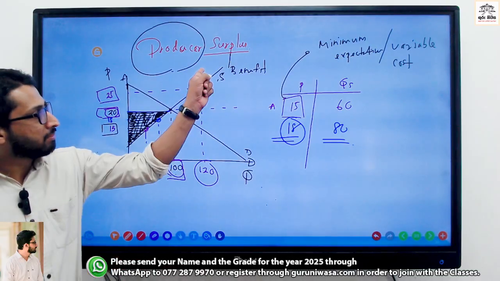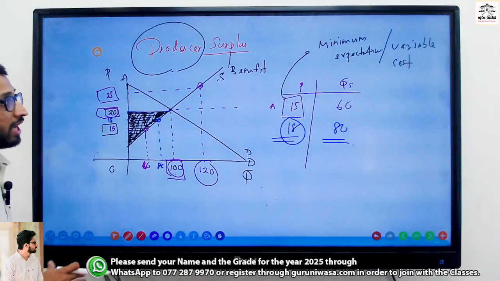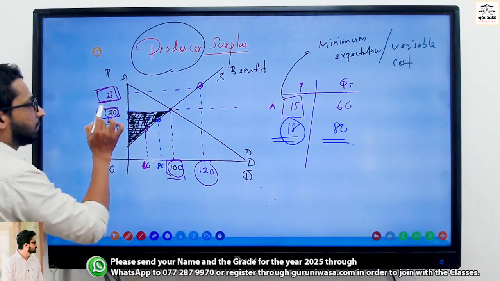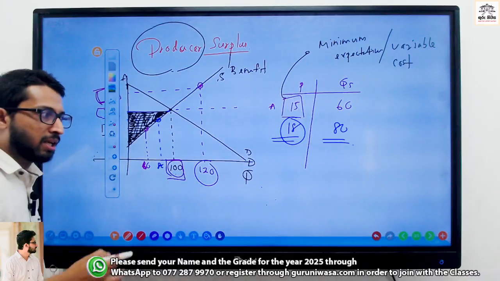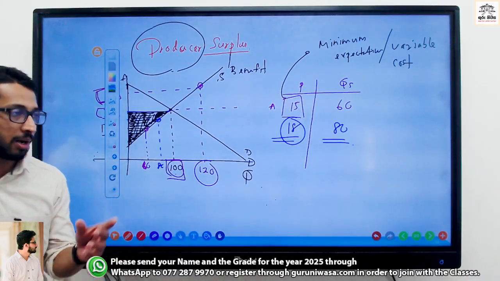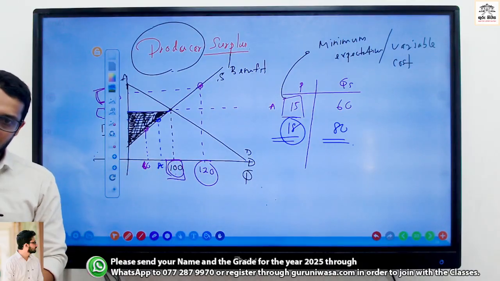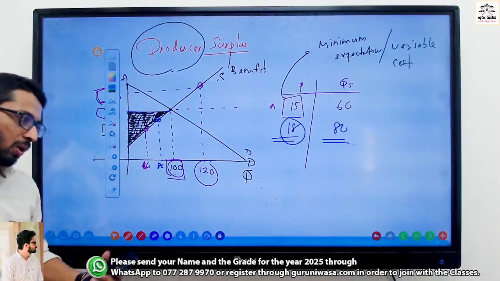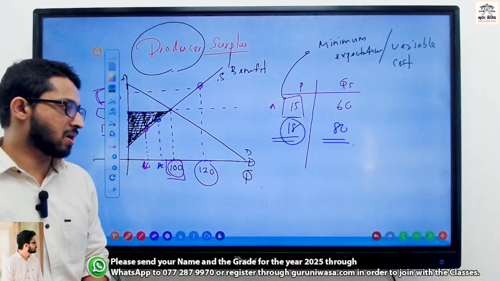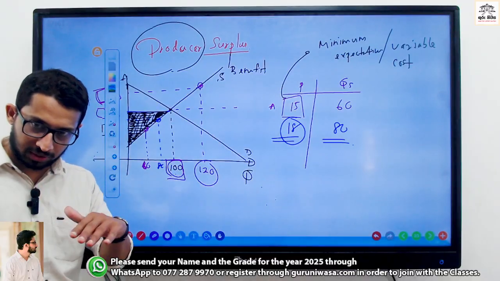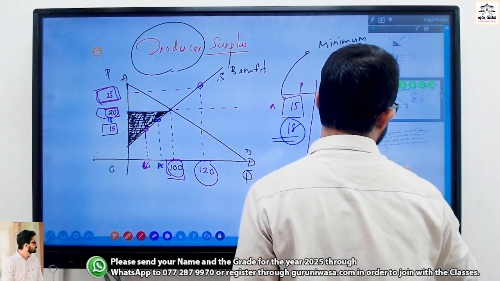This is the minimum cost, or variable cost of production, 25 per unit, but the selling price is 20 rupees. It means the producer is not able to cover even the variable cost from the product price. So it's called a negative difference. When calculating producer surplus, negative differences are not taken into account. Clear or not?